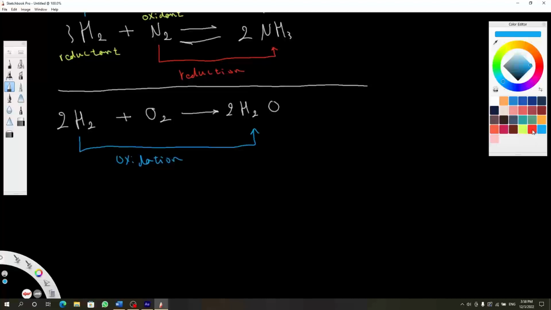While oxygen, instead of being pure oxygen, its percentage decreased, and now it's attached to two hydrogen atoms, so you can say that it gained hydrogen, which means that this is reduction, making oxygen the oxidant, while hydrogen is the reductant.